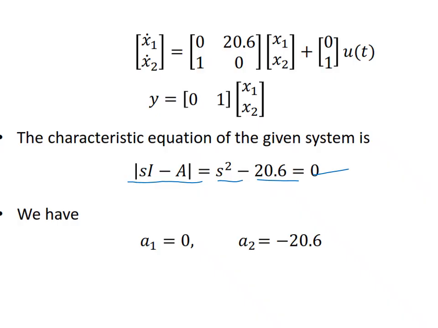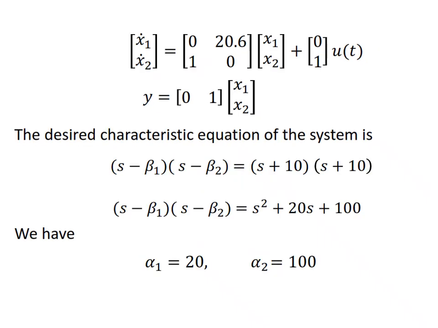We have A1, which is the coefficient of S power 1, equals 0, and the coefficient of S power 0, A2, equals negative 20.6. Then the desired characteristic equation from the eigenvalues, (S minus beta 1) times (S minus beta 2), equals (S plus 10) times (S plus 10). Then we have S squared plus 20S plus 100. The coefficient of S power 1 equals 20, and the coefficient of S power 0 equals 100.